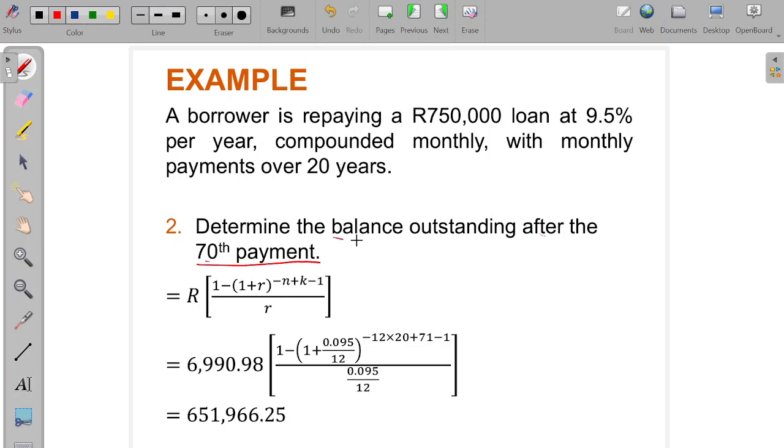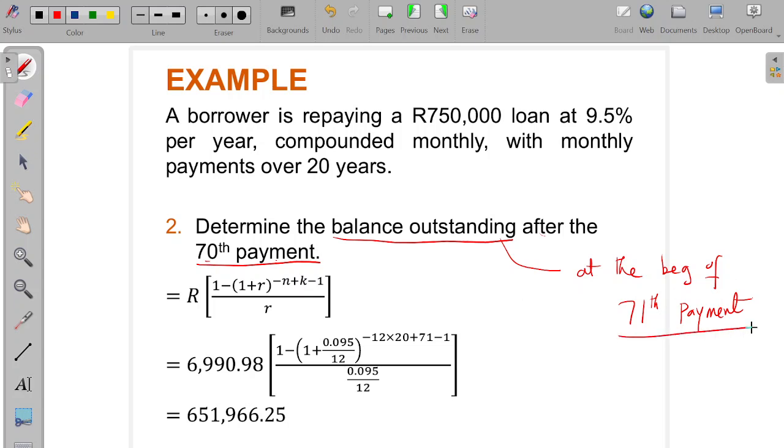Don't forget, balance outstanding or principal outstanding after the 70th payment means we are looking for the principal outstanding at the beginning of the 71st payment. It is the same as at the end of the 70th payment, so our K there is 71 and not 70.